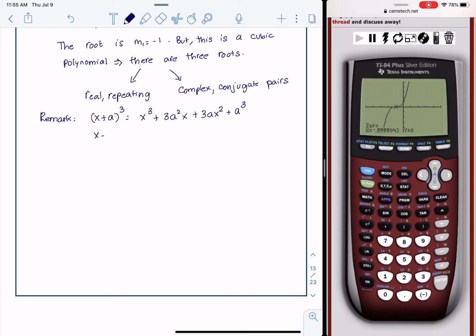If we have x minus a cubed, we have x cubed minus 3ax squared plus 3a squared x minus a cubed. That is a standard formula.